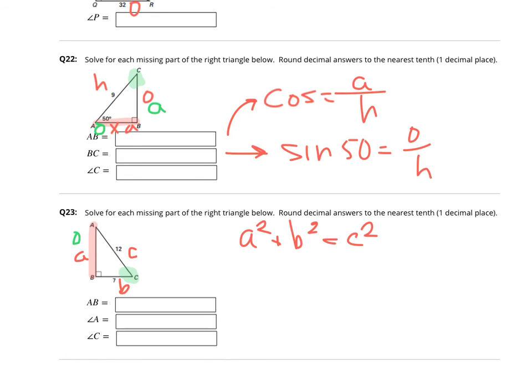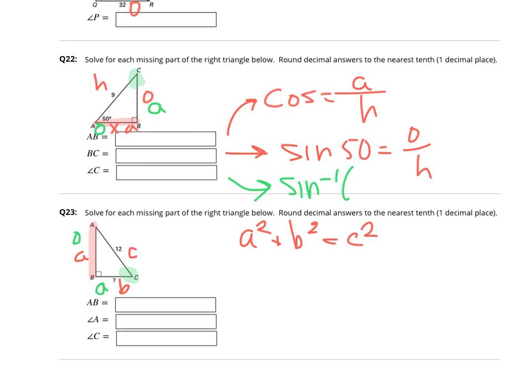Makes this the opposite side, and this the adjacent side. So to figure out C in 22, I would use sine again, the inverse of sine. And that's going to be whatever you got for this value here for AB over 9.